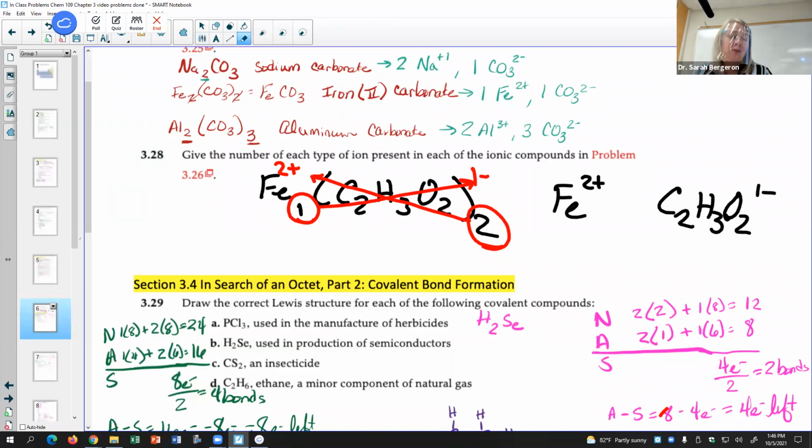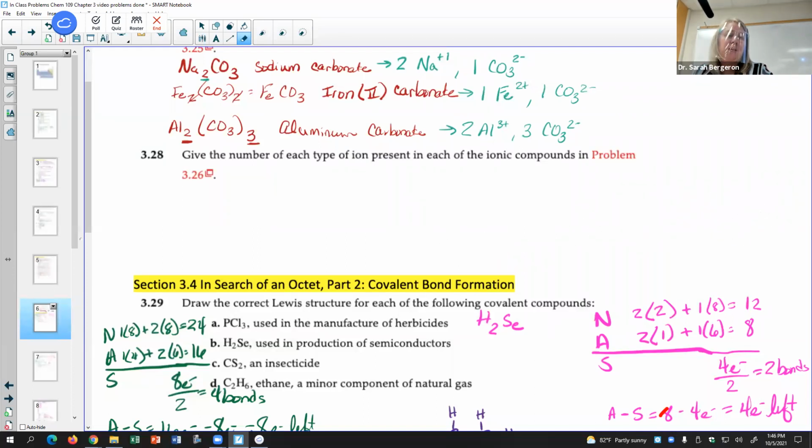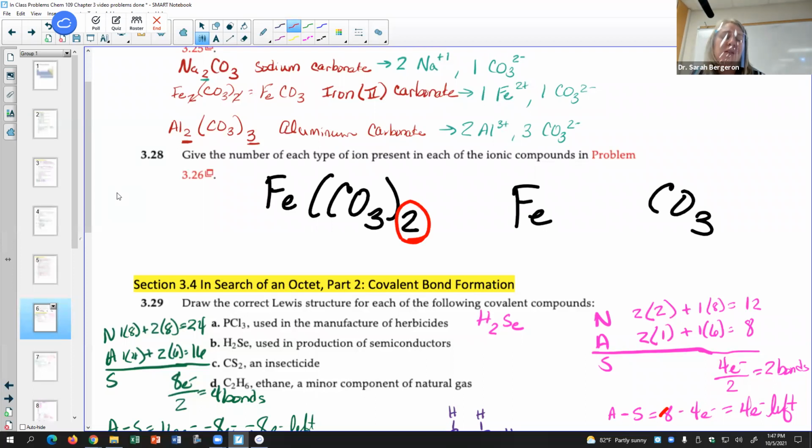Okay, how about this one? We'll do one more. FeCO3. What are the charges on iron and CO3? Do the crossover. What do you get? Fe is a 2+, and really there's a 1 down here, so CO3 is a 1-. Is that right?